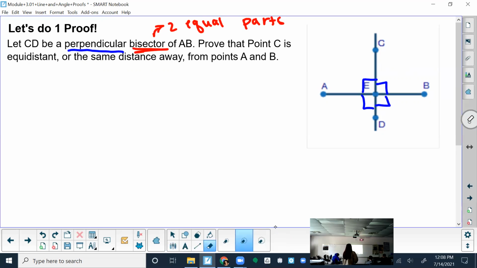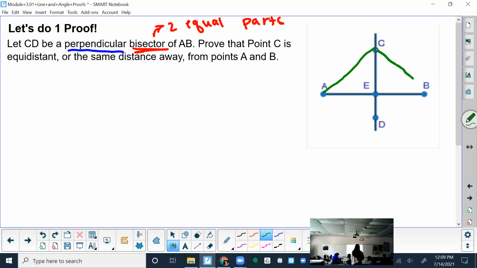With that piece of information, we can prove that point C is equidistant, or the same distance away, from points A and B. So we're proving that side AC is congruent to side BC.